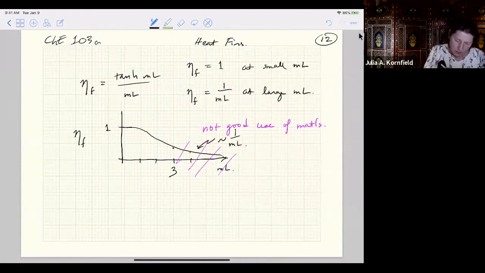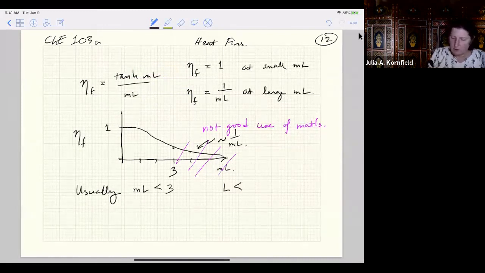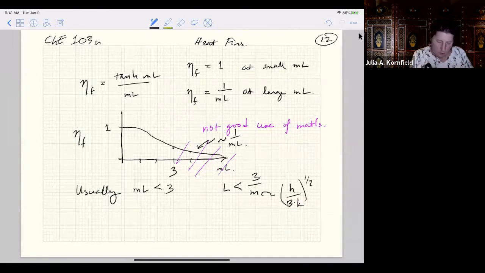Okay, so usually you'll find ML less than 3. What does that mean? So L less than 3 over m, where m is (h over kb) to the 1/2.